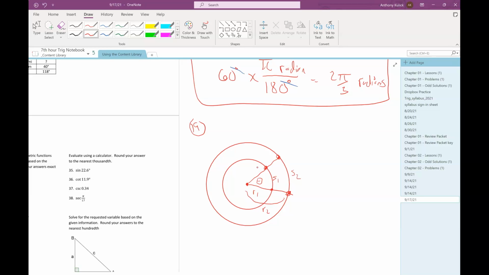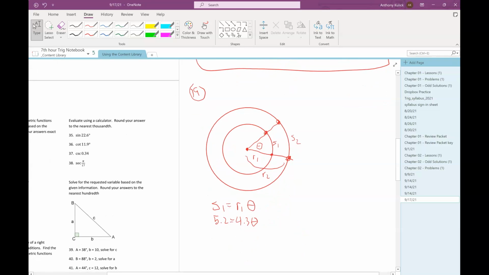It says the radius of the smaller circle is 4.3 inches and the cut arc measures 5.2. So right there, I know I have enough information to solve for theta. Now, remember there's two versions of this arc length formula: one when theta is in radians and another when it's in degrees. It doesn't really matter which one you use.